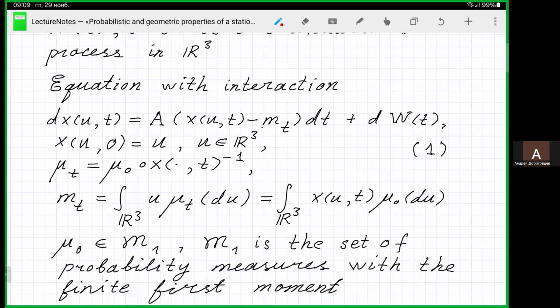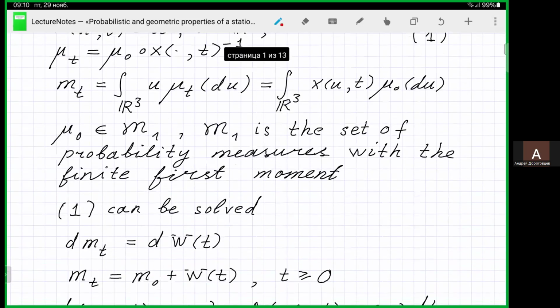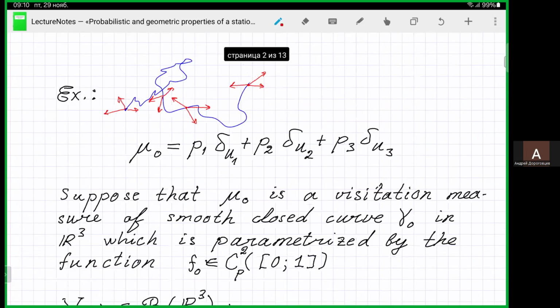So if two points were distinct at the initial moment of time, they remain distinct at all moments of time. So our curve cannot interchange itself, it cannot cross itself, and then it cannot change its topological type.